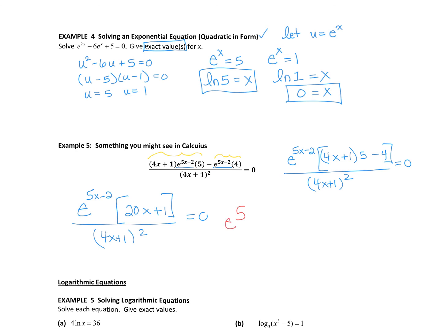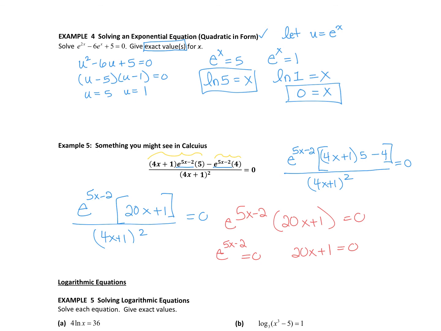So we have e to the 5x minus 2 times 20x plus 1 equaling 0. And we use the zero product rule. So we have 20x plus 1 equals 0 and e to the 5x minus 2 equals 0.